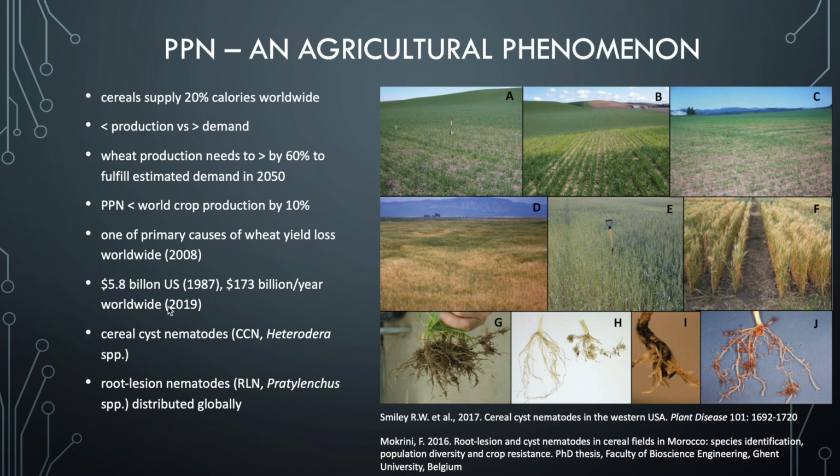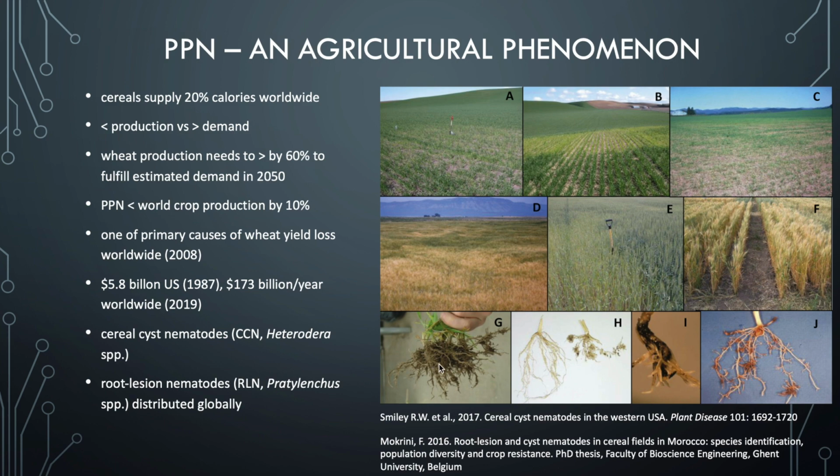So the major pest of wheat in particular, or other cereals, is the cereal cyst nematode. So we're going to use the acronym of CCN for that, but the genus is Heterodera, and there are several different species in that genus. There's also root lesion nematode, which we'll call RLN for short, and that is the Pratylenchus genus, which is distributed globally.